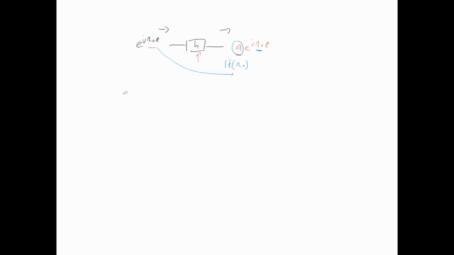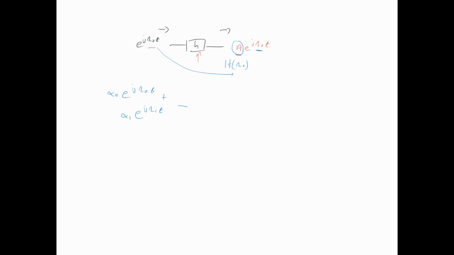To emphasize what's happening, imagine now I put in a signal alpha 0 e to the j omega naught t plus alpha 1 e to the j omega 1 t, and these coefficients can be complex numbers.